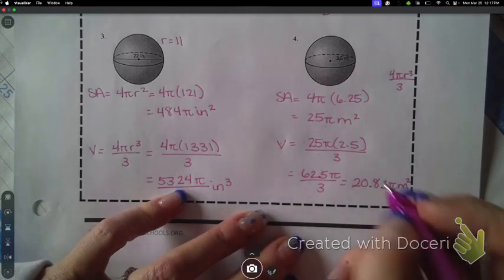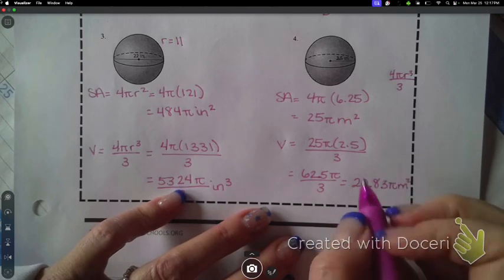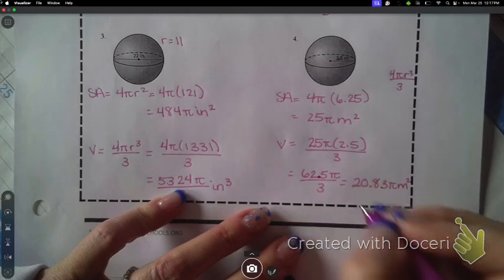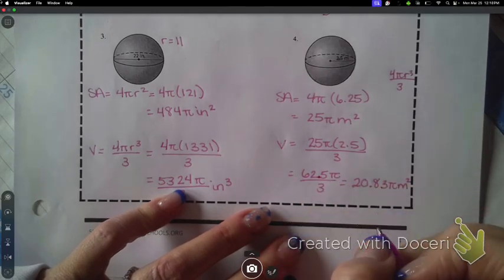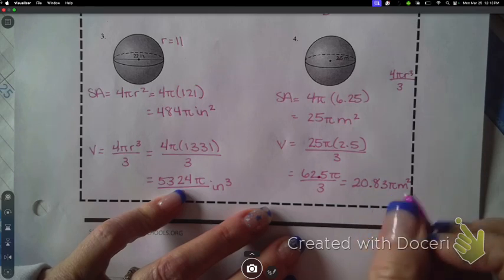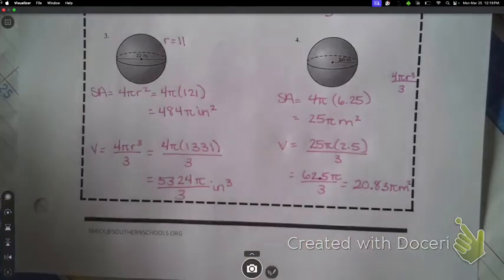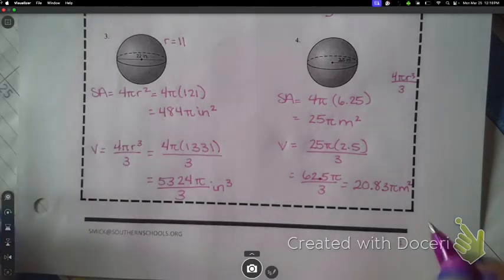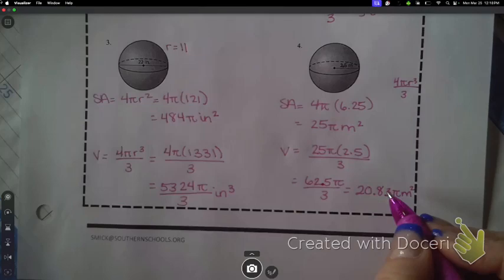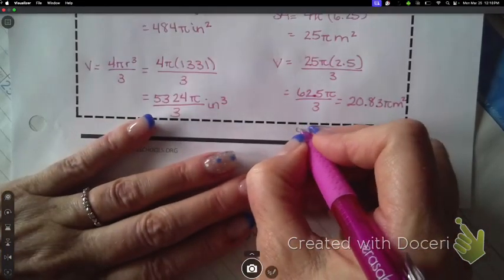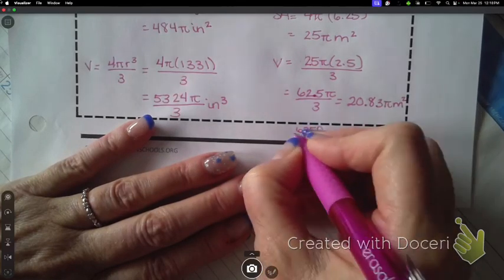Now, the other thing is I said you could leave it with the pi in it, yes? Can you leave a decimal with a fraction? No, that is a big no. Okay? So you can do one of two things. I divided this by 3, and I'm pretty sure I did it correctly. Let me make sure. Yes, because the 3 repeats. Okay? Or I could move my decimal one place and have 625 over 30, couldn't I?